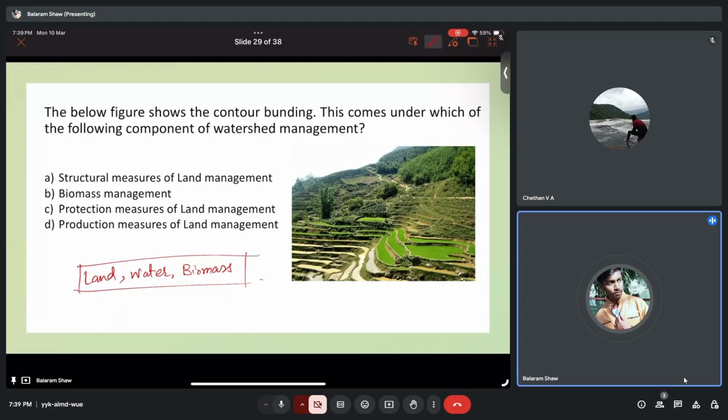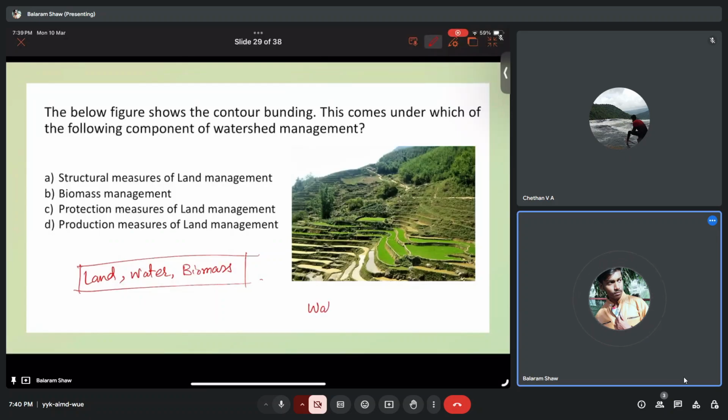Okay, let's come to the contour bunding then. This contour bunding is one of the measures which we do. Can you tell me which component of watershed management it will come under? It will come under the structural measures of land management because we are working on the land, right? What will be water management?